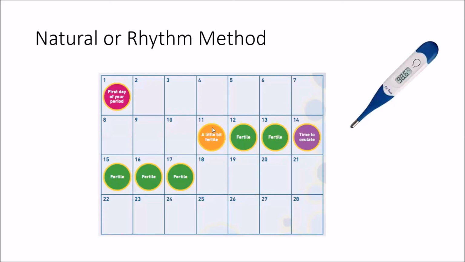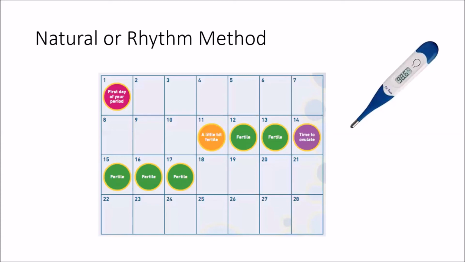So in total, that's 1, 2, 3, 4, 5, 6, 7 days. In total, that's basically 7 days that they're trying to prevent from having sex in order for this method to be somewhat effective.